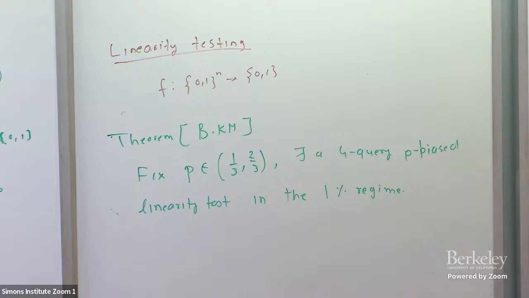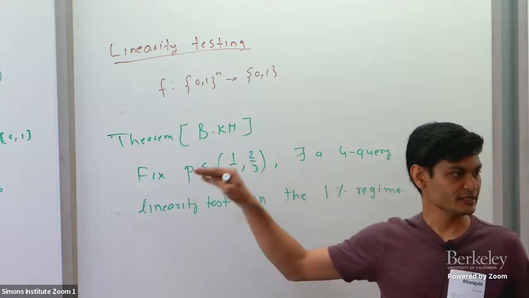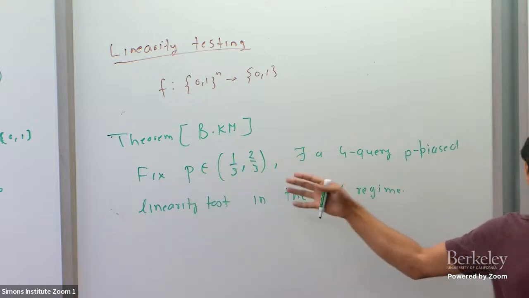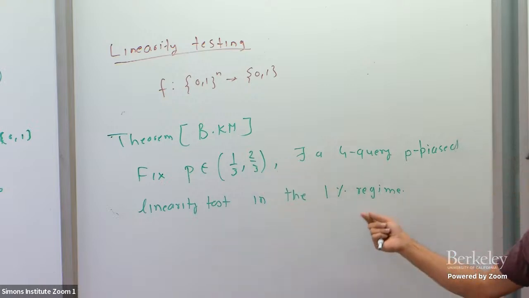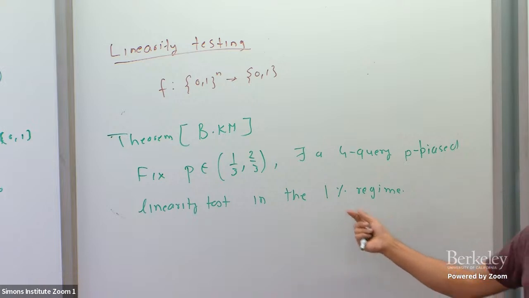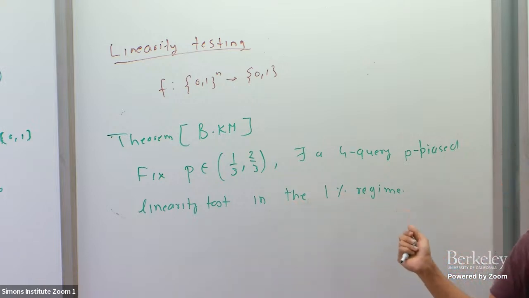As usual, the test has perfect completeness, in the sense that if f is indeed a linear function, the test passes with probability 1. If it passes with probability half plus delta, for delta greater than 0, then we conclude that f is correlated to a linear function.